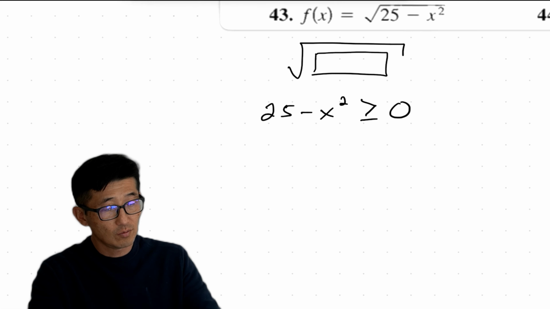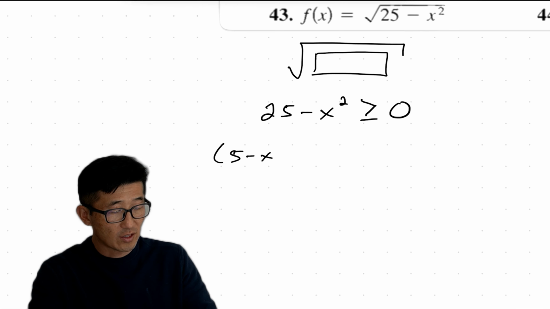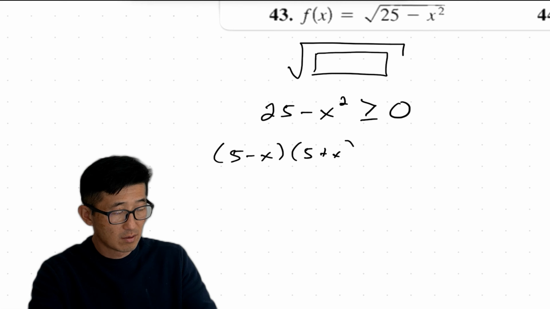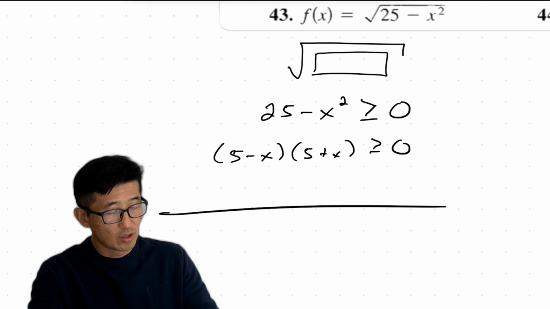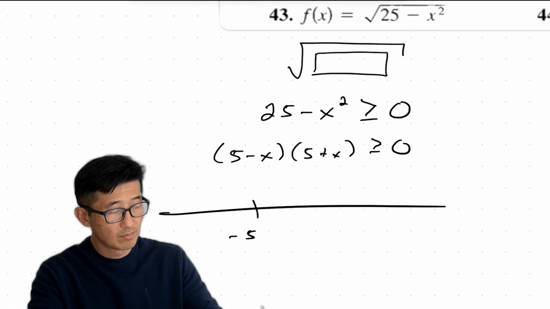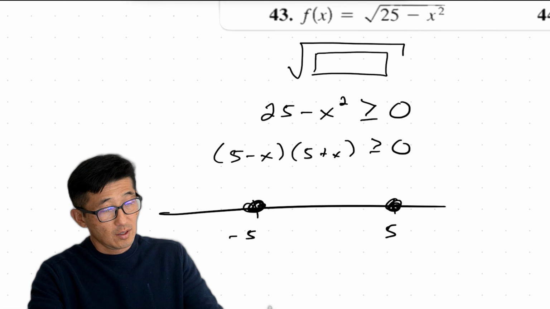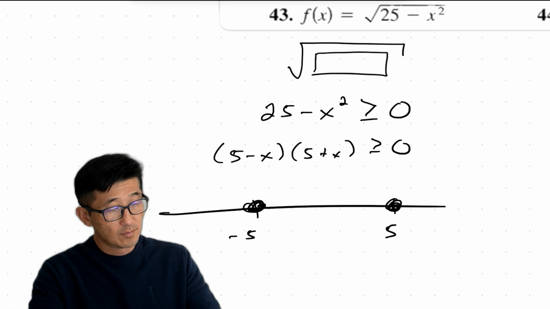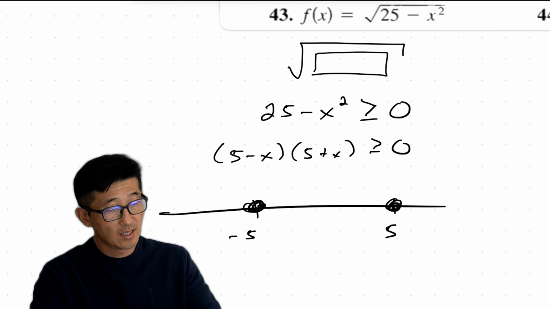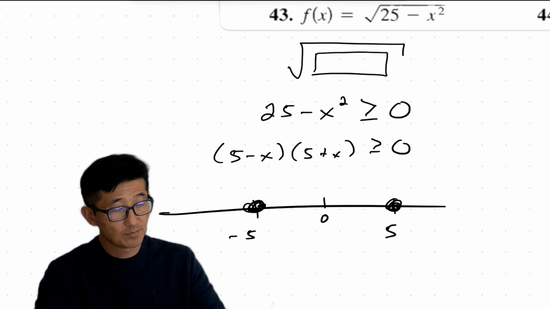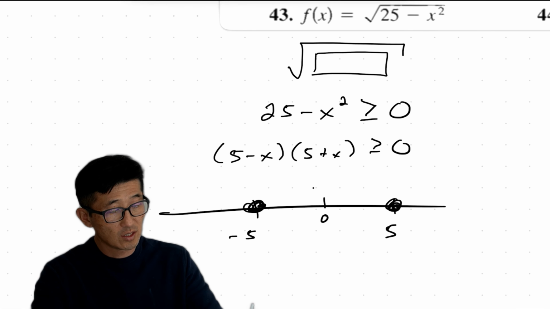I think it's a number line. Good. Then plug in a 0 here. You get positive.